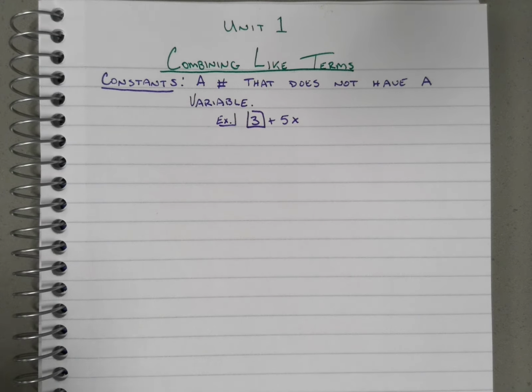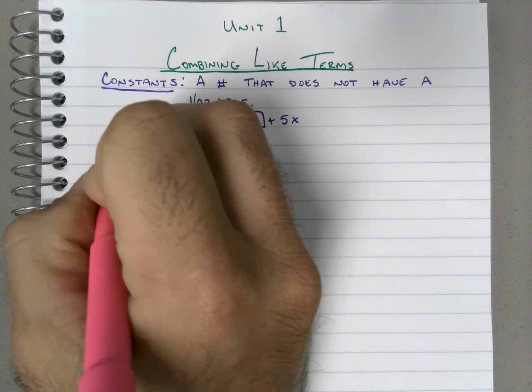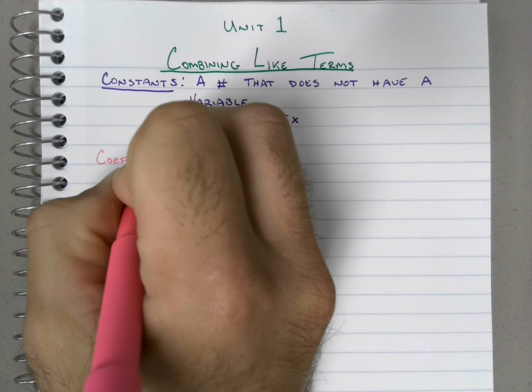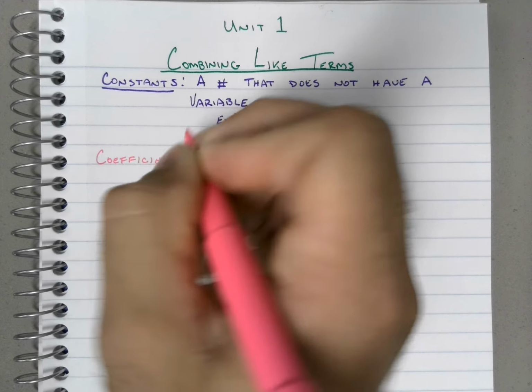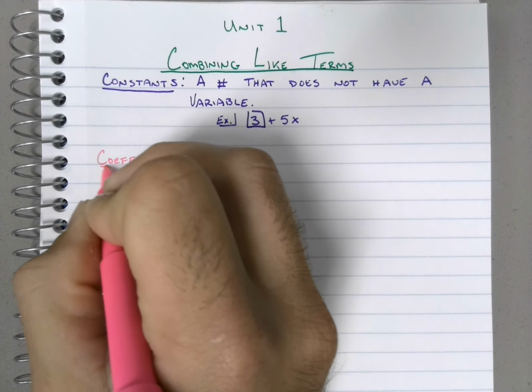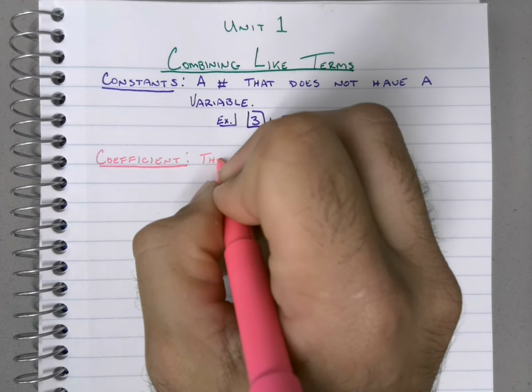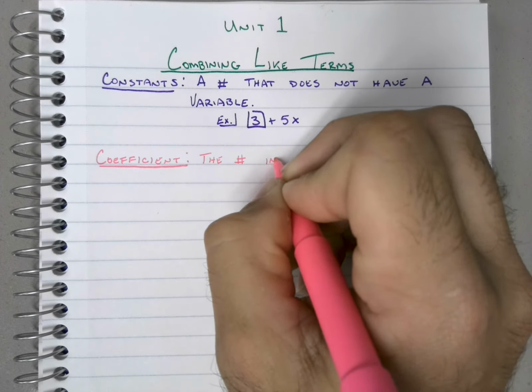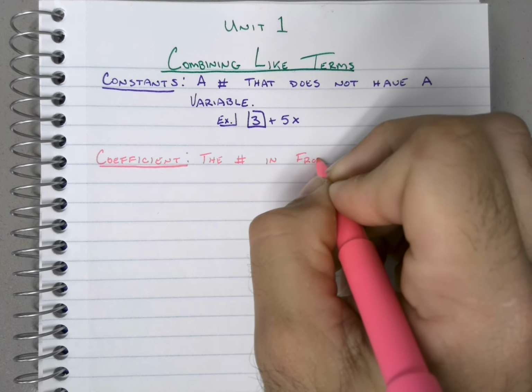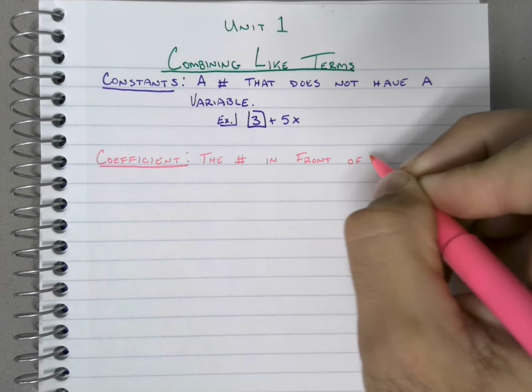Does everybody know what a coefficient is? Coefficient, and I probably spelled that wrong, but that's why I teach math and not English. Okay, coefficient, this is the number in front of the variable.